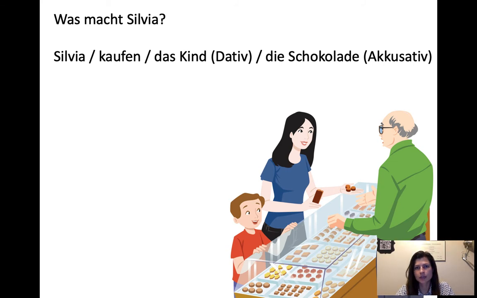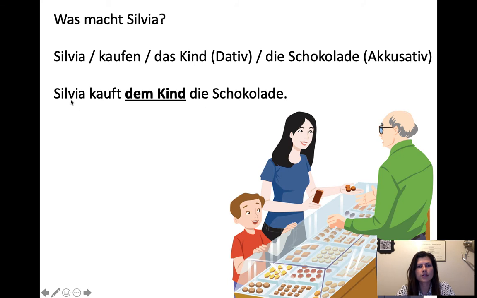So let's look at some examples of how you can use indirect and direct objects. So we have the picture. Here's Sylvia and the child and the chocolate. So we have this broken up sentence and we want to make a real sentence out of it. Sylvia kaufen das Kind in the dative, die Schokolade in the accusative. So we would say Sylvia kauft dem Kind die Schokolade, which is Sylvia buys the child the chocolate.